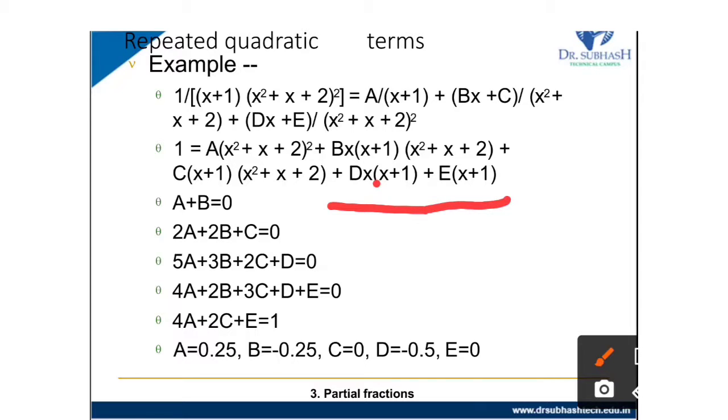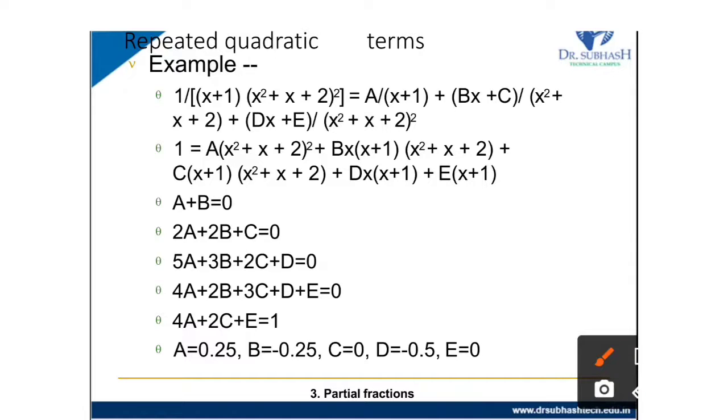Now after opening the brackets of each and every term, we will compare with the left side equation. Here there is no x cube, x square or x term, so whatever we multiply and compare, all will be 0.